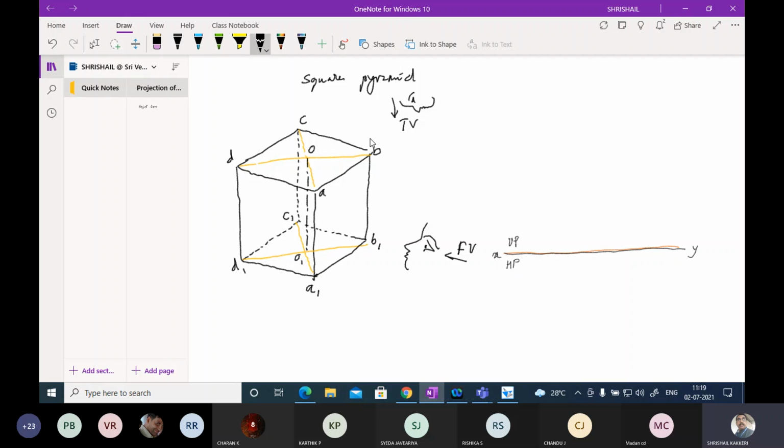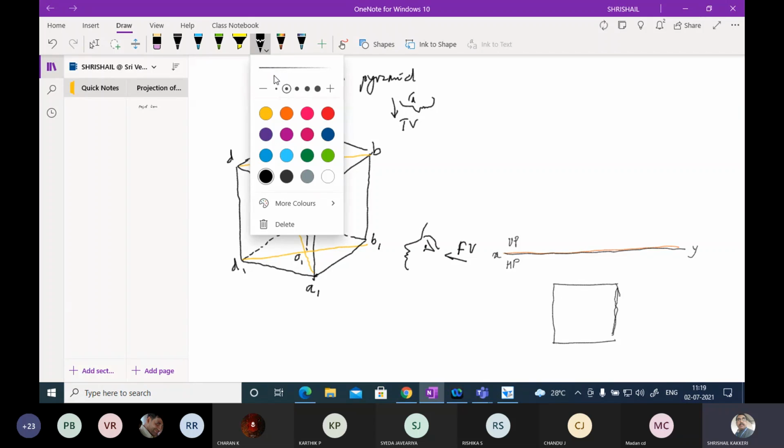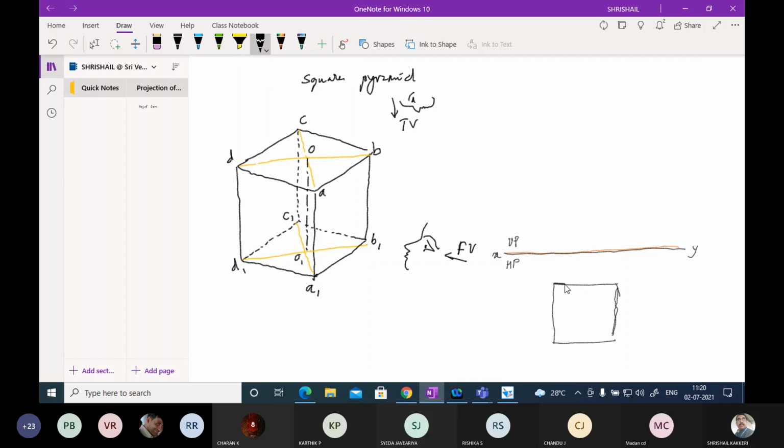If I look from the top, the square will be visible like this. Now let me make it dark. This is the square prism.